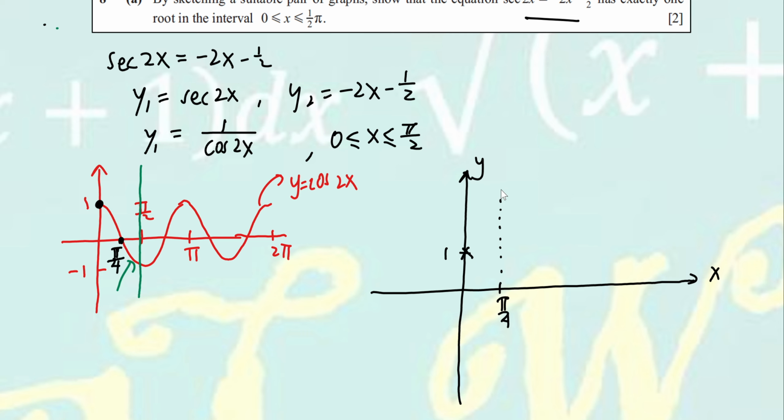That means this is the asymptote. And this one going down, so it will be going up. Okay, and from pi over 4 to pi over 2, when it is pi over 2 it is minus 1, so 1 over minus 1 is still minus 1. This is our pi over 2. So I'm getting this point, but this one going down, so 1 over going down is going up, and it is from 1 over 0, so from negative infinity going up.